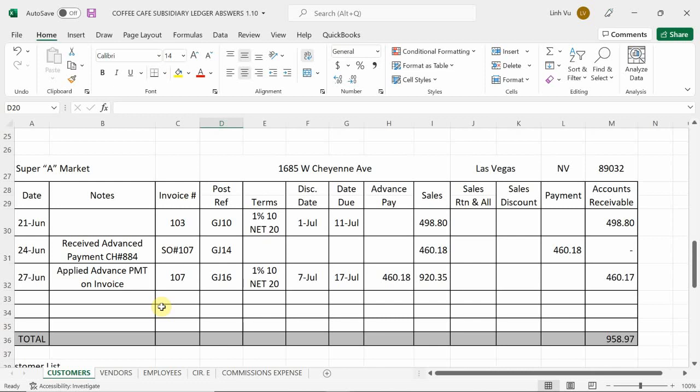The discount due date is July 1st. They paid on June 29th. And of course, the next one is due 7 days after that. So they made both of the discounts. So what is 1% of $468.80?